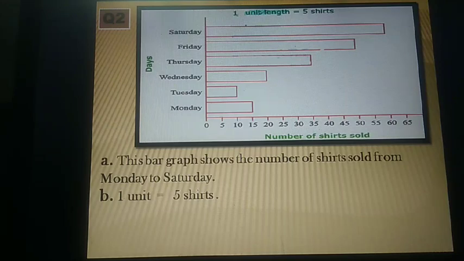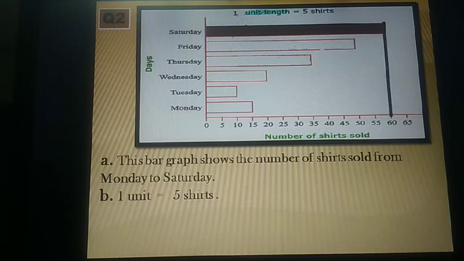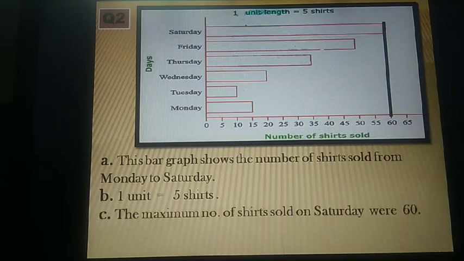Then you have to find how many shirts were sold on that day. First, you will see which bar is having maximum length. So it's Saturday. And then you have to find the value too. We can use a scale. It's on 60. So the maximum number of shirts sold on Saturday were 60.